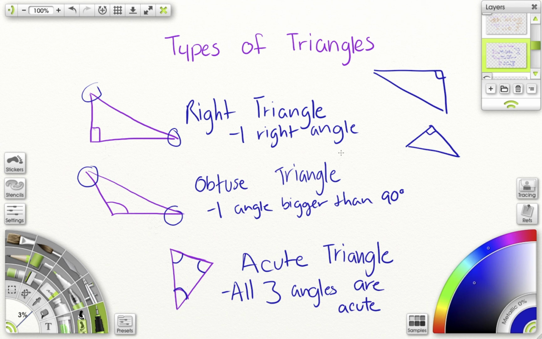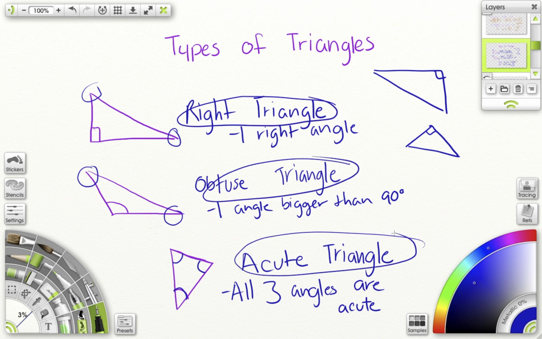Okay, so that's what you're going to be working on today, looking at the types of angles that we learned from Monday. We're going to apply them to types of triangles. That's how you can label these types of triangles: right triangle, obtuse triangle, or acute triangle. And that is what we're going to work on.